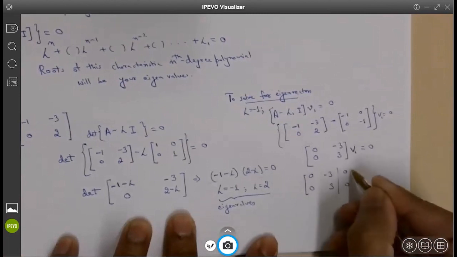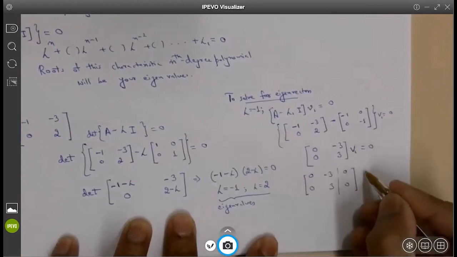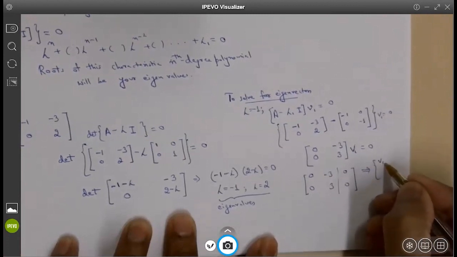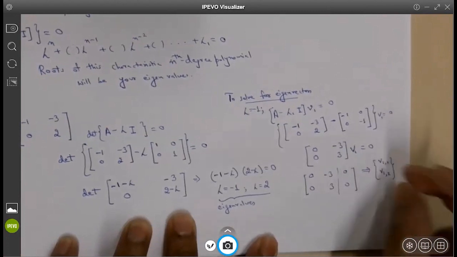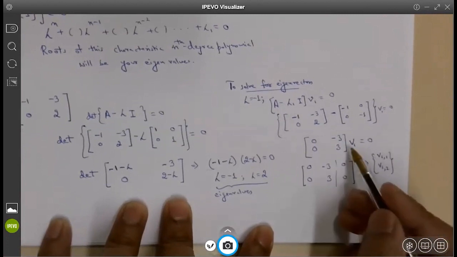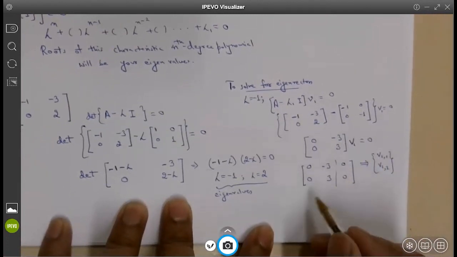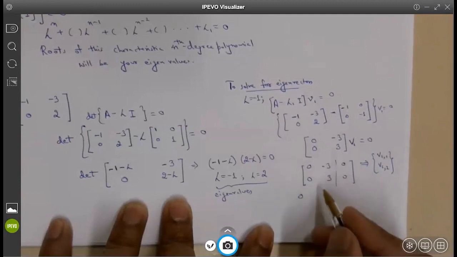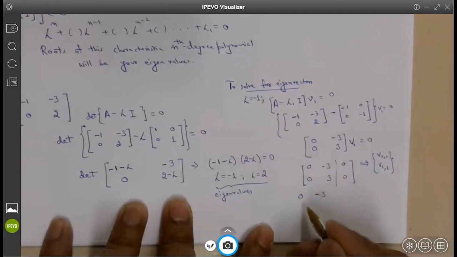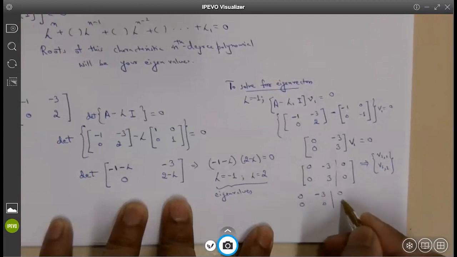I'm making the augmented matrix [0, -3 | 0; 0, 3 | 0], and solving this will give me the V1 vector with a first component and a second component. So there are two unknowns because it is a 2-dimensional vector. If I just add these two rows, I will get [0, 0 | 0; 0, 3 | 0].